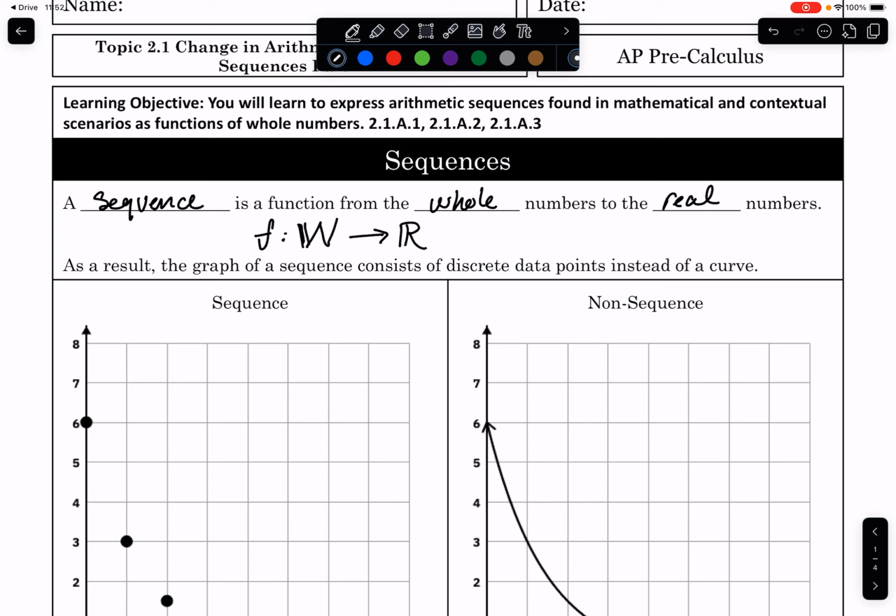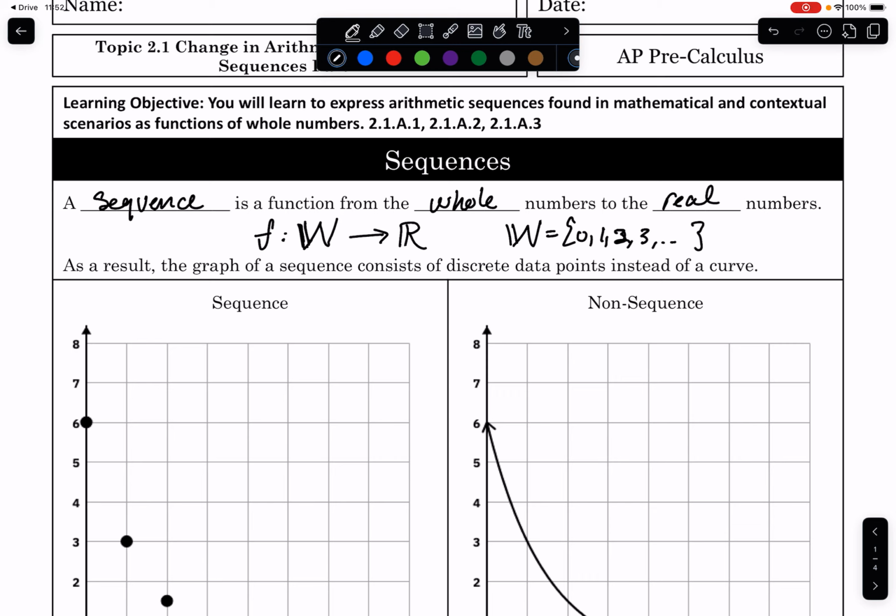Because we input only whole numbers, remember our set of whole numbers starts at 0 and goes 1, 2, 3, 4 and so on. With only those as our input values, our answer can be any real number: positive, negative, fraction, decimal, whole number, rational, irrational.